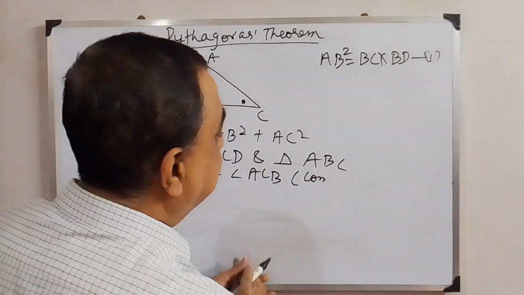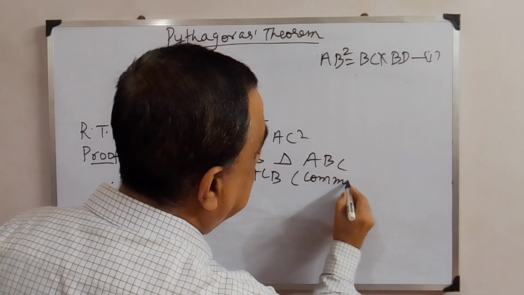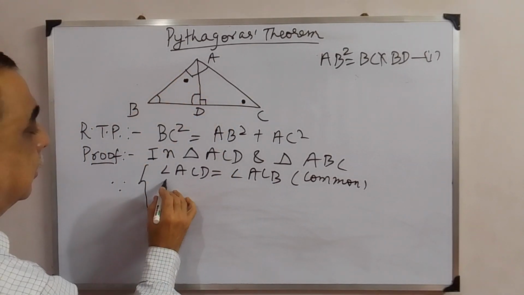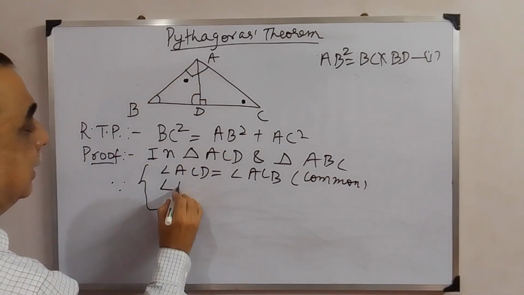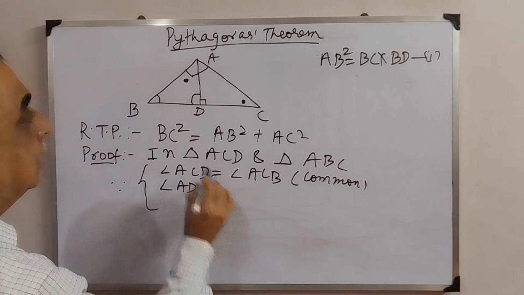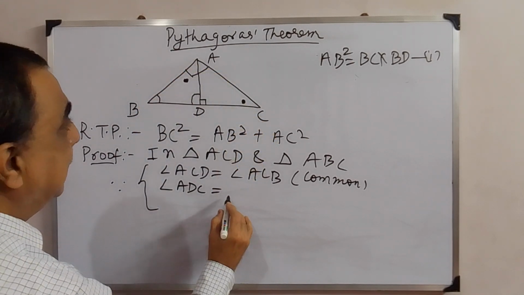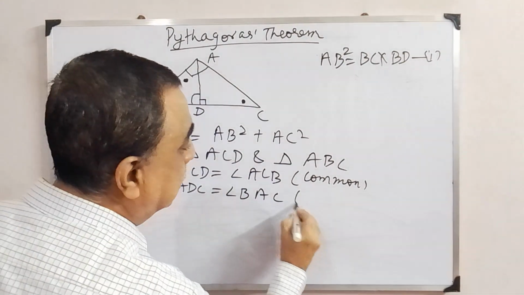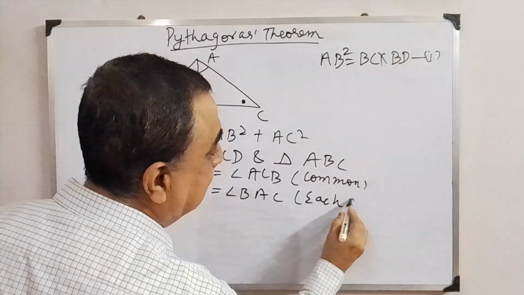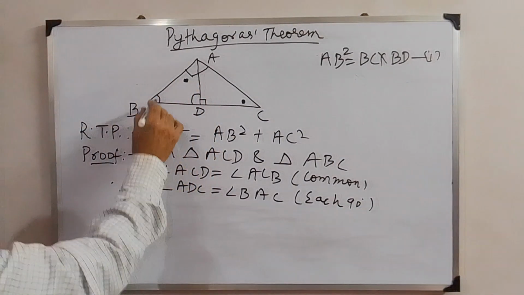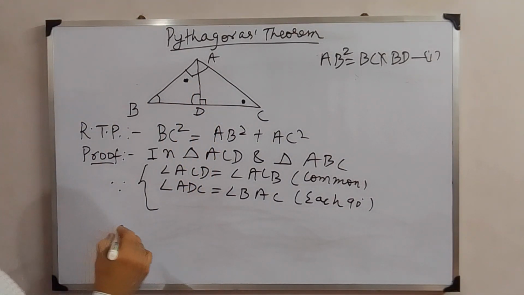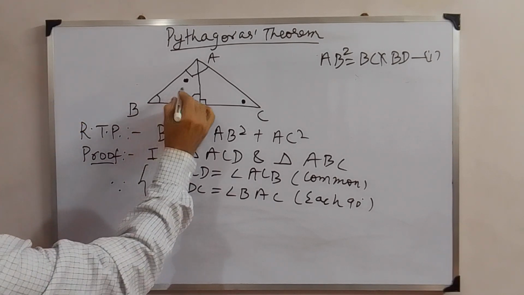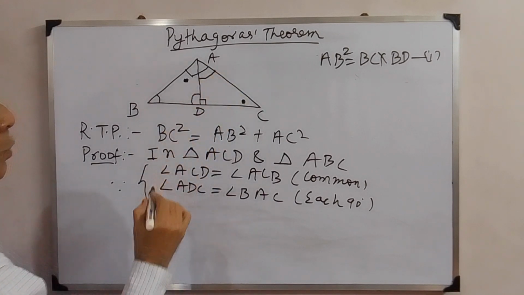Now the 90 degree angle is in both the triangles, so angle ADC is equal to angle BAC, because each is 90 degrees. So the third angle has to be equal, because the sum of the angles together is equal to 180 degrees.